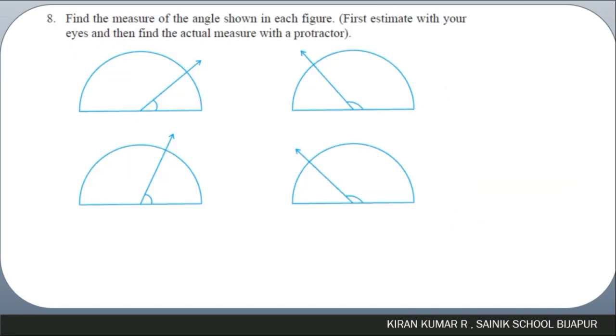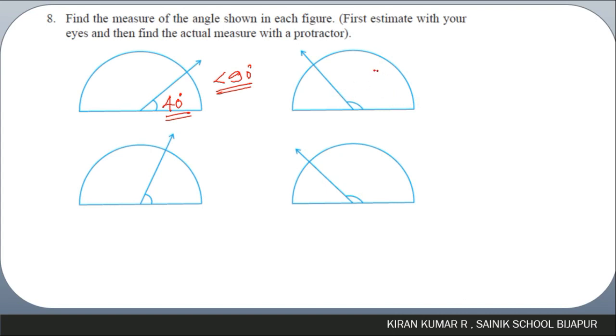Question number 8. Find the measure of an angle shown in each of the figure. First estimate with your eyes and then find the actual measure with a protractor. Here you can see it's an acute angle. The angle must be less than 90 degree. That is how I estimate it. You need to measure it exactly. You will come to know that angle formed is 40 degrees.